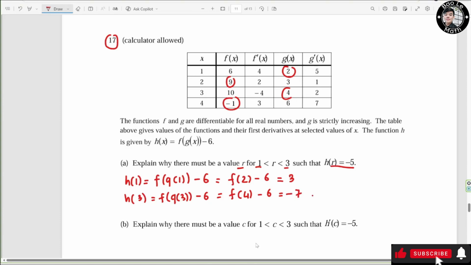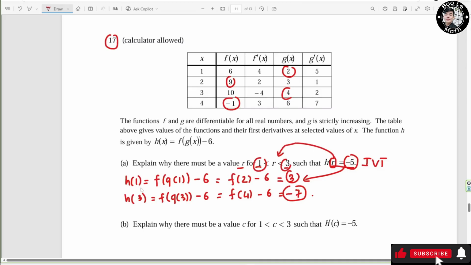So, in order to answer this question, we need to use the IVT, right? We look at the output right here: negative 5 is between negative 7 and 3, and the input is between 1 and 3.